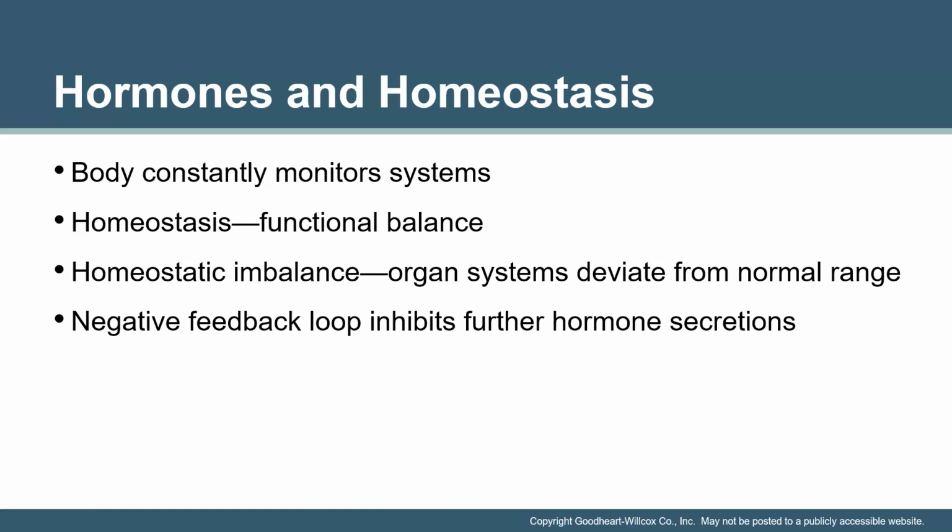If your temperature drops below 98.6, your hypothalamus will release hormones that act on your thyroid gland. The thyroid gland will produce thyroxine, which is a hormone that increases metabolic rate and heat production. By the way, a couple of these hormones that I've mentioned will be on your quiz.